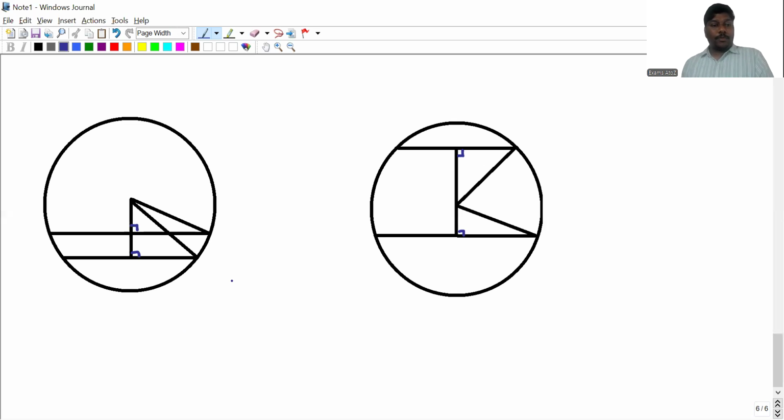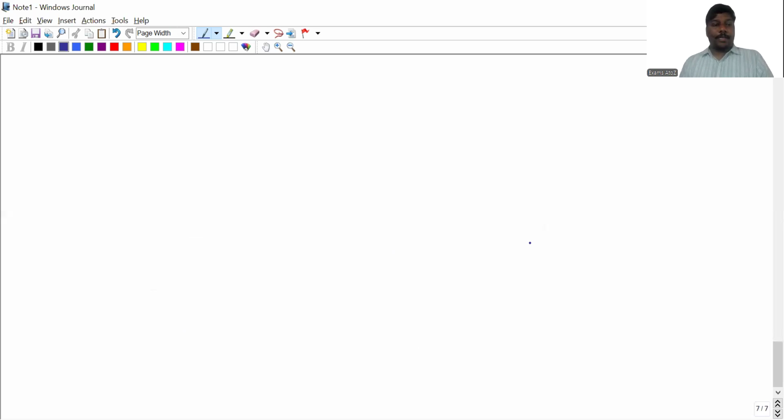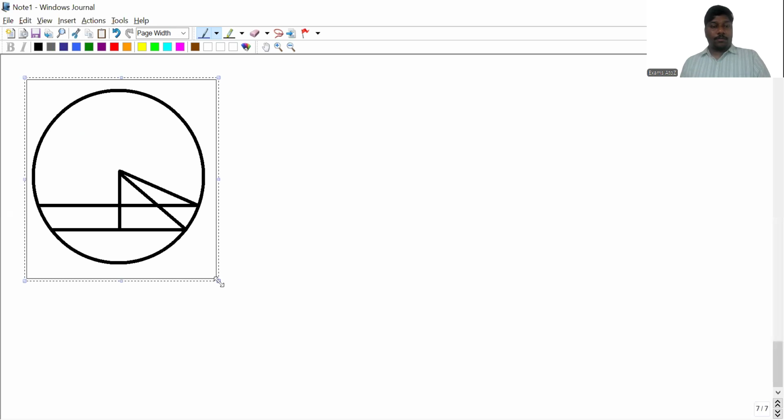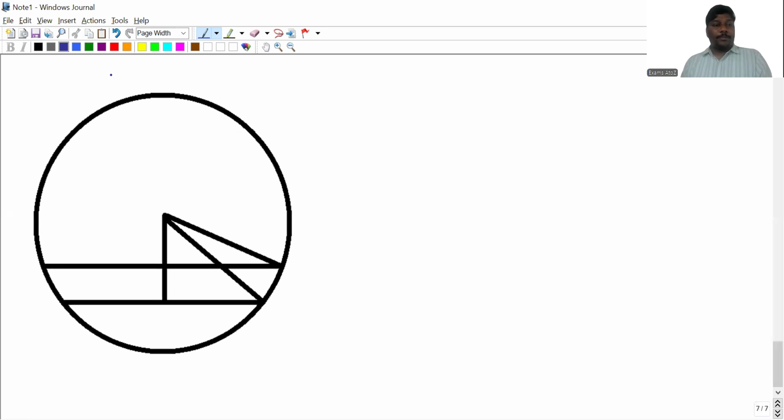Suppose if I take the same side, I'm taking AB is a chord, CD is a chord, O is the center, first foot is P, second is Q. Look at the triangle OQD.